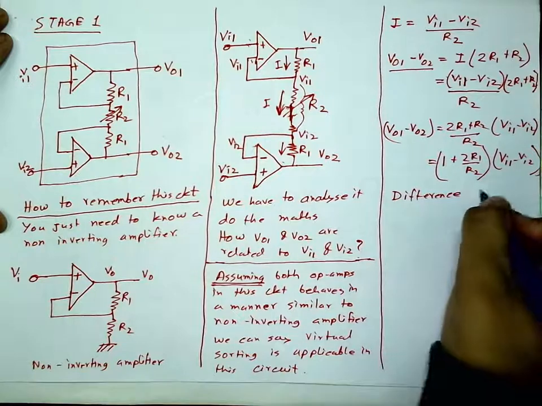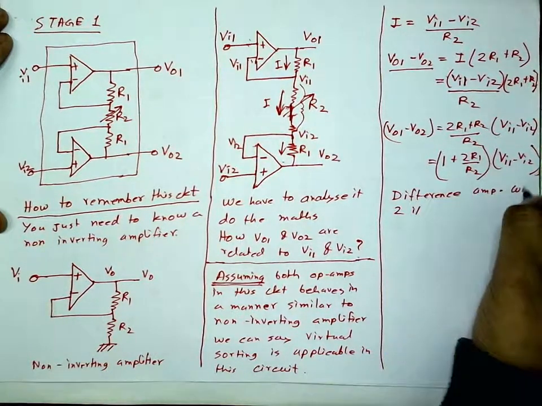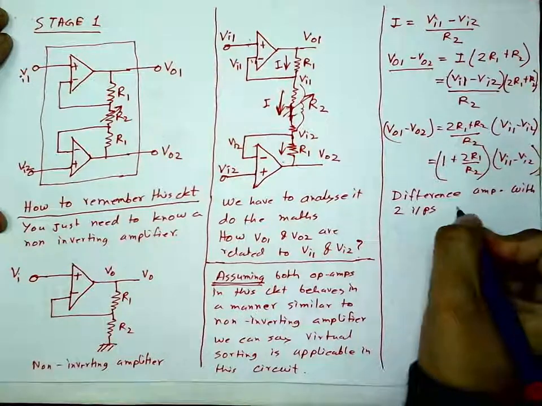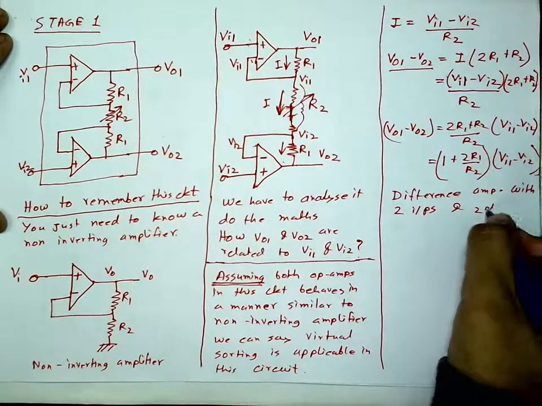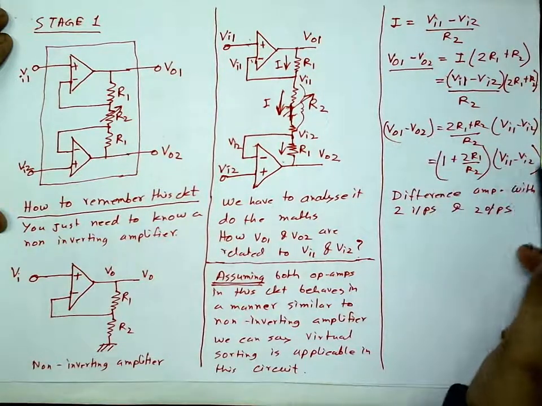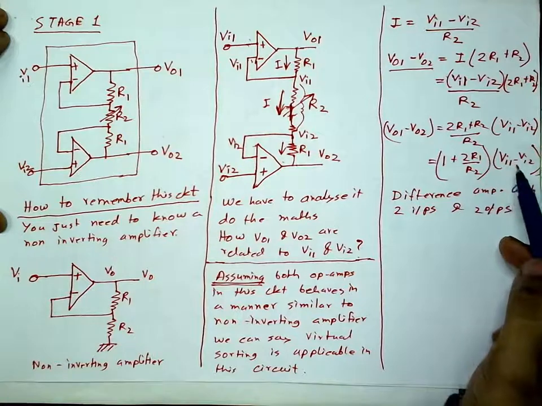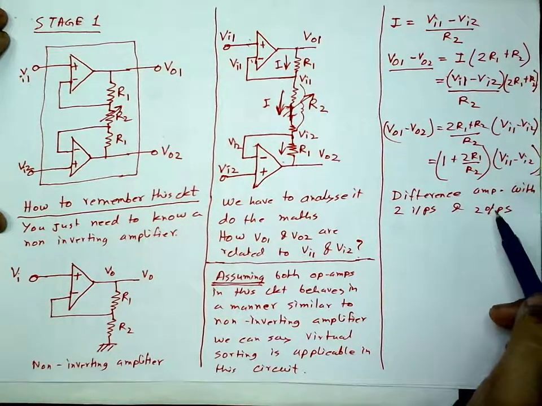With two inputs and two outputs, the difference of the outputs is proportional to the difference of the inputs. That's very simple, right?